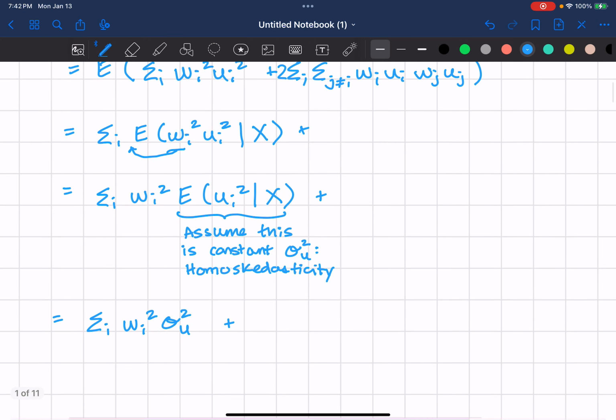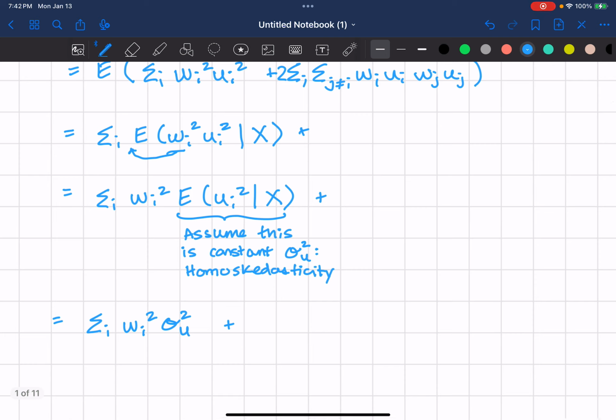So what we need to assume here, when we're taking the expectation, is 2, sum over i, sum over j not equal to i, expectation of wi ui wj uj.